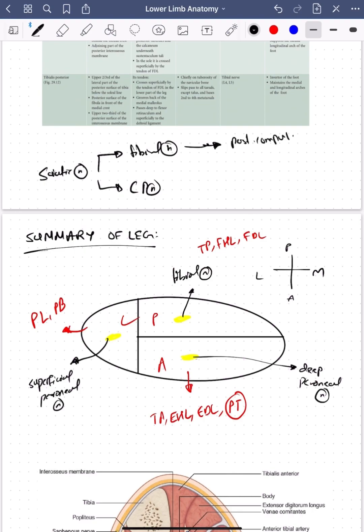The common peroneal nerve again divides into the deep peroneal nerve and the superficial peroneal nerve. The deep peroneal nerve, we've discussed, supplies the anterior compartment, and the superficial peroneal nerve supplies the lateral compartment. So these are the muscles and their nerve supply.